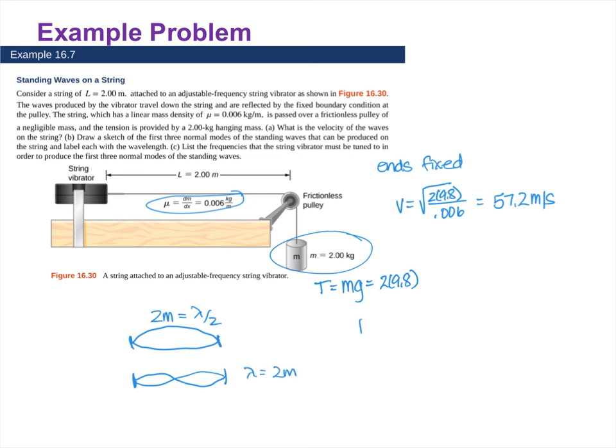And then the third one looks like this, where the length is 1.5 wavelengths. So we can find the frequency: f1 is going to be 57.2 divided by 4 meters. The frequency of the second harmonic is 57.2 divided by 2, etc.